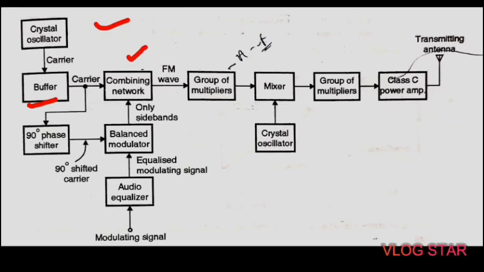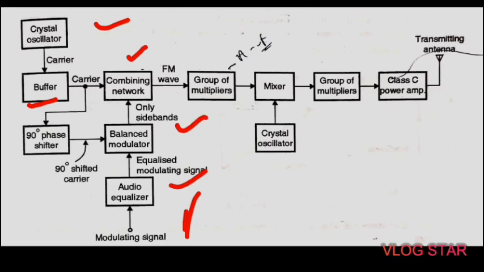Then after that the modulating signal is passed through this audio equalizer to boost the low modulating frequencies, for the reason we have already discussed, and the modulating signal is then applied to this balanced modulator. So the balanced modulator produces the two sidebands such that their resultant is 90-degree phase shifted with respect to the unmodulated carrier.